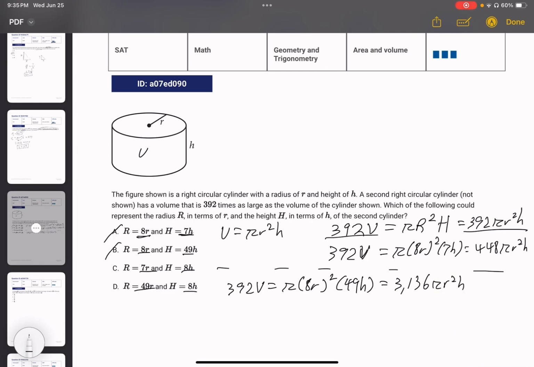That's incorrect. We're going to do it again. 392V is equal to pi times 7r squared times 8h, which is equivalent to 7 times 7 times 8, 392 pi r squared h, which is equivalent, and that's our answer.